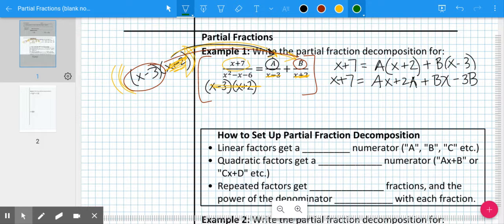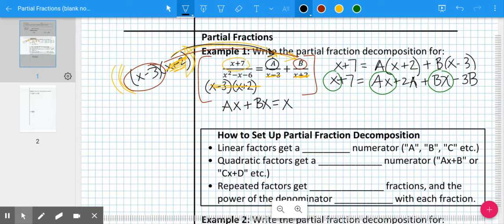And here's what I mean by this. On the left side, I have one x. On the right side, I have an Ax and a Bx. So that one x is generated from the Ax and the Bx because those are the like terms from that side. Those are the x terms on the right side. So I'm going to write a little mini equation over here that says whatever A and B are, the Ax and the Bx I know will total up to a 1x.